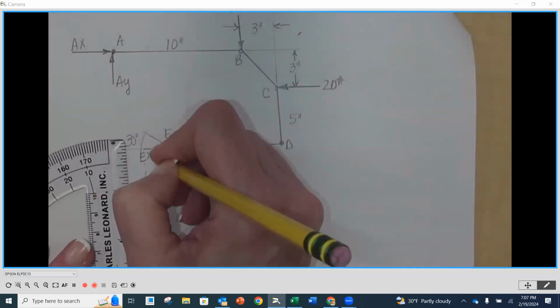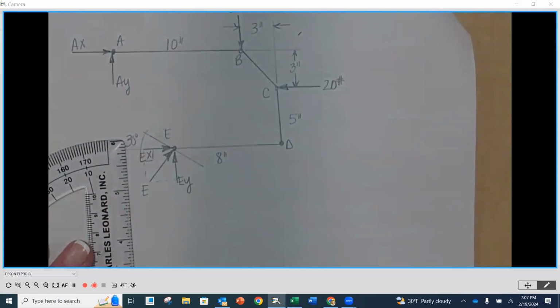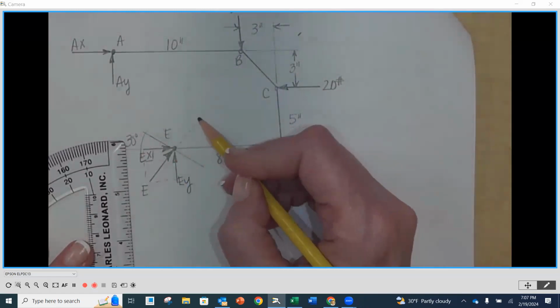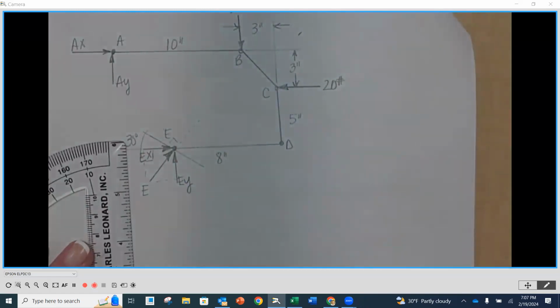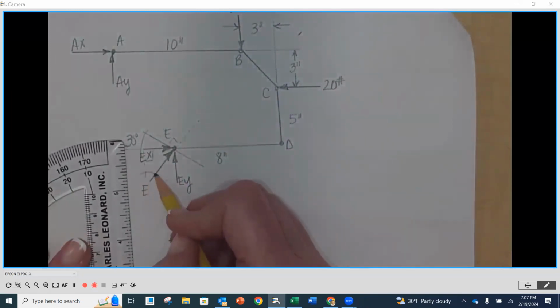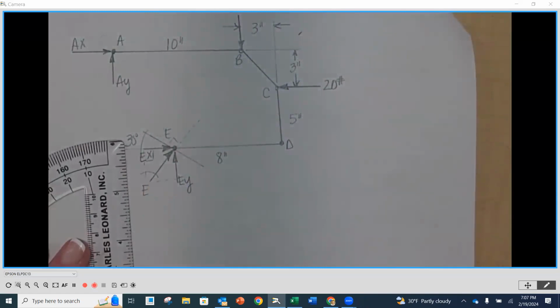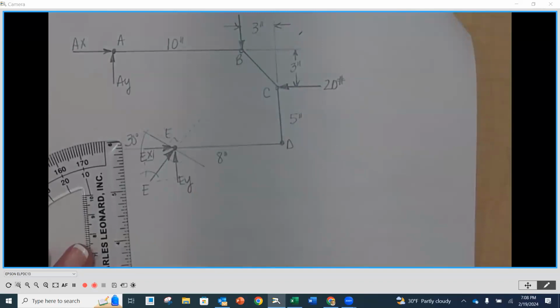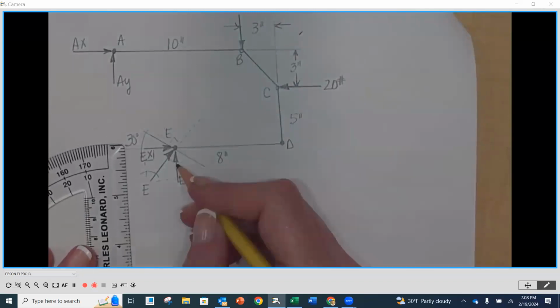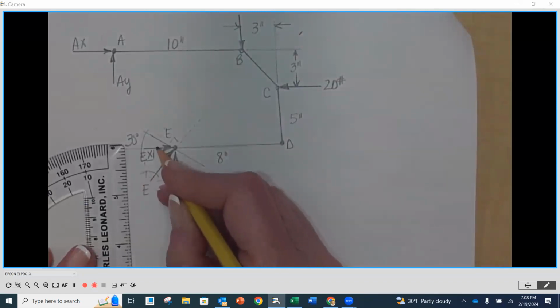We know this is 90, right? If I move this up along its line of action, this is 90. I don't know if that helps. What do you think? Or is it here? I think you got 60. For which one? This one's 60 or this one's 60? I don't know.